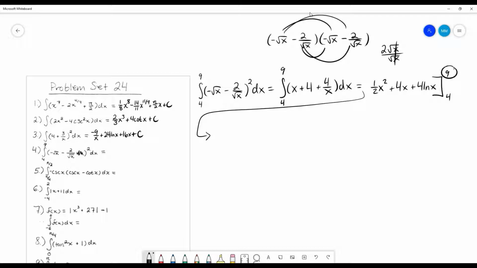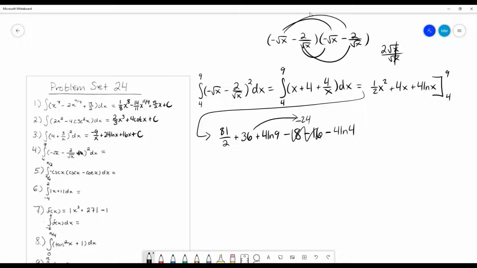So I plug in my upper bound, so it's 9 squared is 81 over 2 plus 36 plus 4 natural log of 9. And then I subtract our lower bound plugged in, so minus 4 squared is 16, 16 over 2 is 8. And also minus, because we're distributing that negative, minus 16 minus 4 natural log of 4. And this is a negative 24.